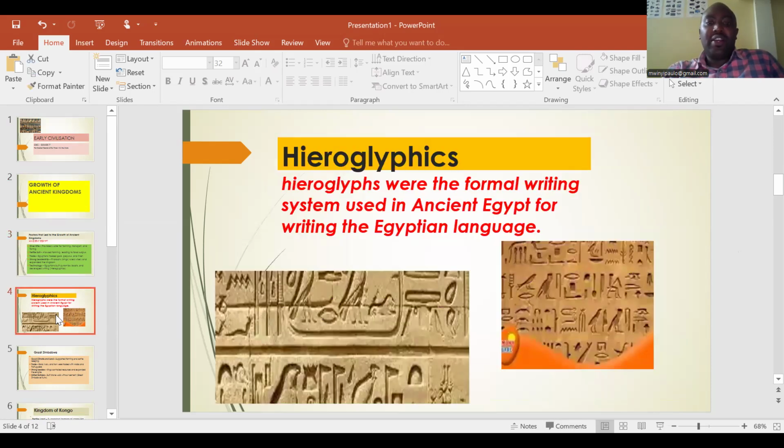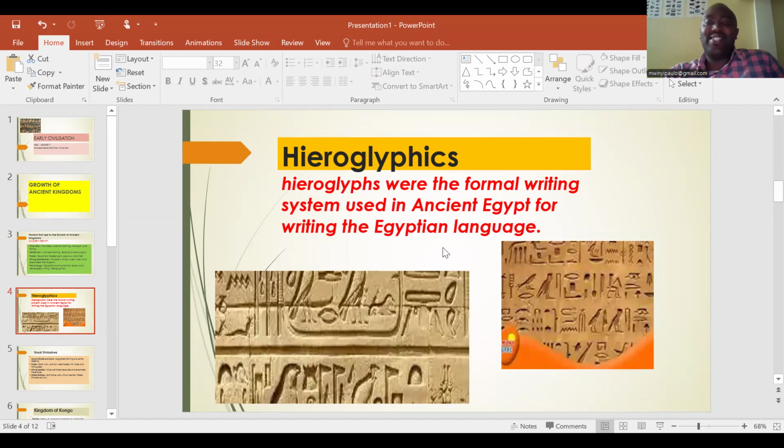On your screen here, I'm showing you examples of hieroglyphics that the Egyptians were using as their formal writing system. Hieroglyphics, as I've told you, is not an easy word to pronounce, especially from where I come from.